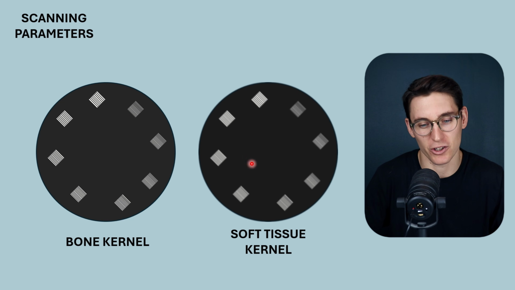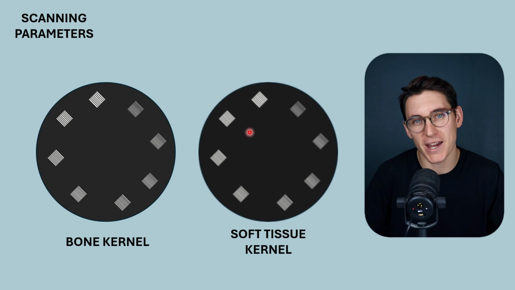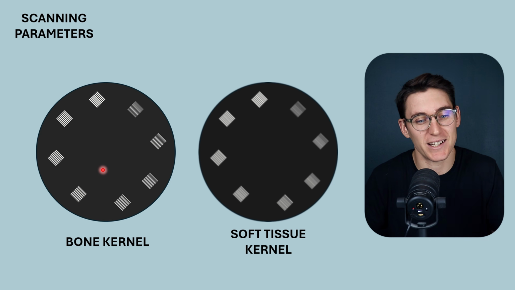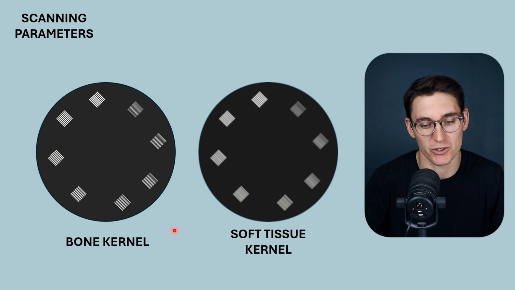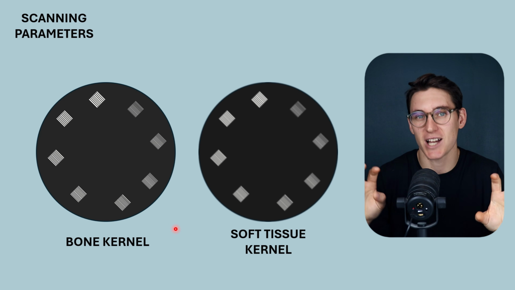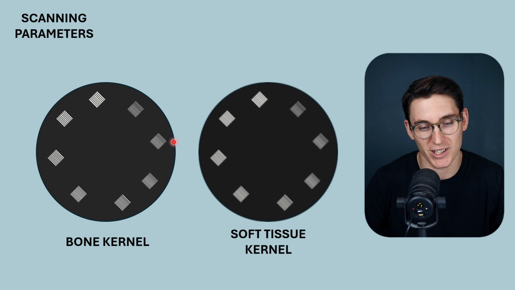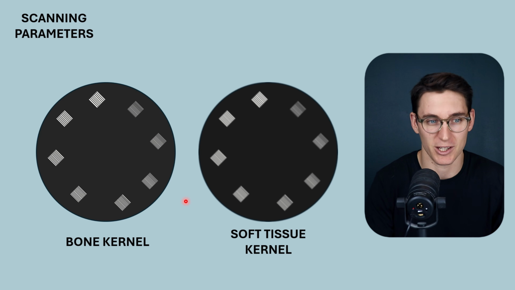A soft tissue kernel is going to give us less spatial resolution, but better subtle contrast resolution. The bone kernel, as we mentioned earlier, is going to give us a noisier image, but with better spatial resolution. So the type of filter or the type of kernel that we apply in our reconstruction algorithm is going to influence the spatial resolution within an image.